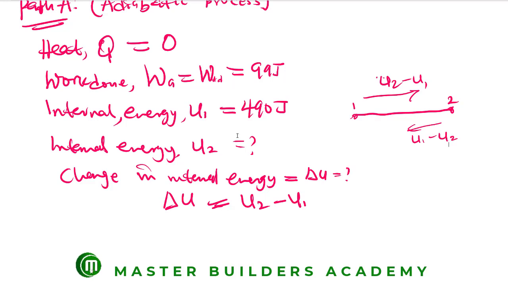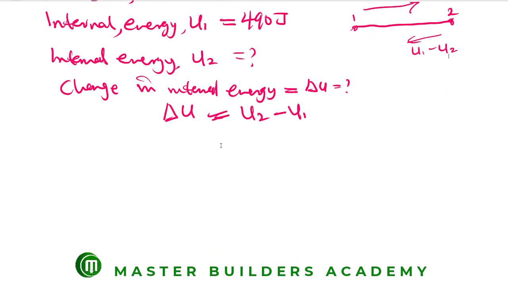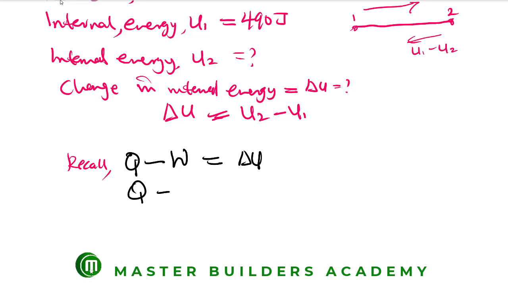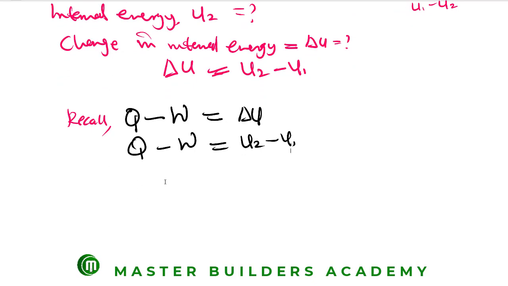Okay? If this is clear, all we just need to do now is to recall the equation of the first law of thermodynamics. Recall that Q minus W is equal to change in internal energy, so Q minus W is equal to U2 minus U1. All we just need to do, guys, is to put in the values here, and then we are good to go.